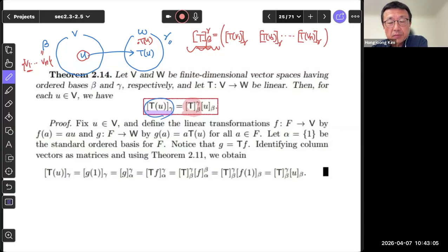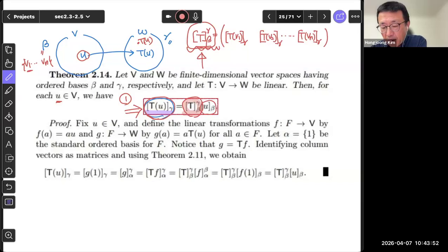Theorem 2.14 says, given this matrix, if I want to find the coordinate of T of u for some u vector, what you need to do is you can directly compute the left hand side, or you identify this matrix above here, and then you identify the coefficients which are used to represent u vector in the domain.